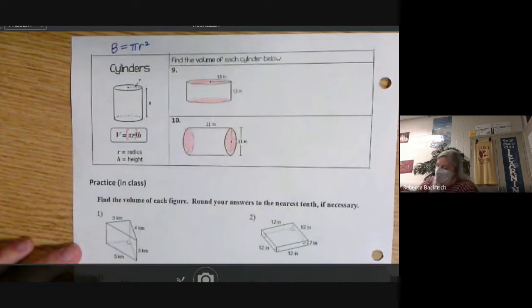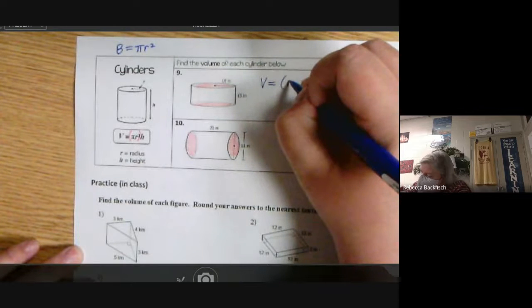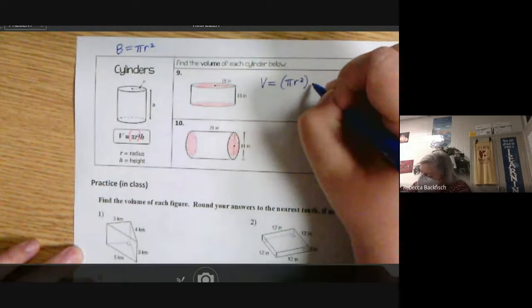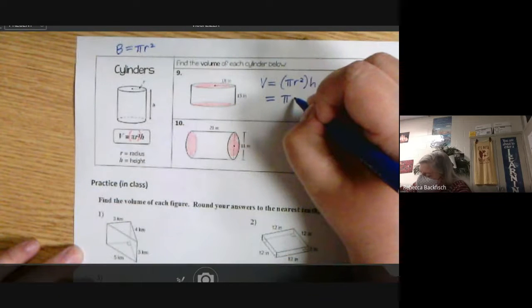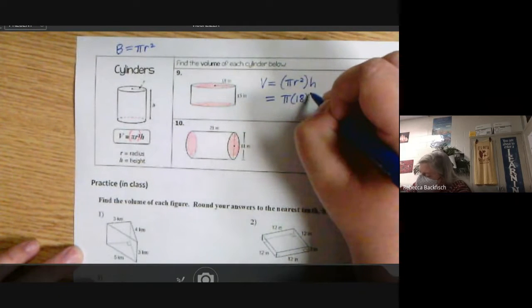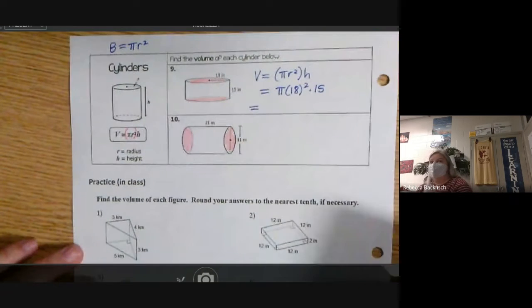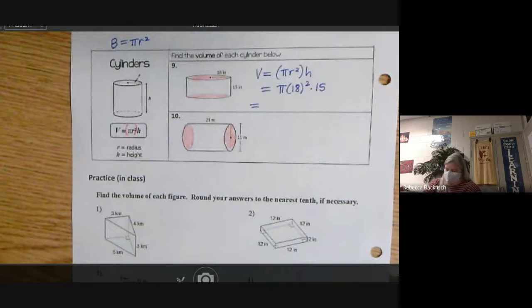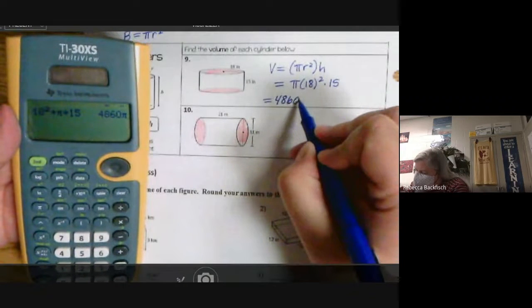On number 9, volume is area of the base times the height. So that's pi times 18 squared times 15. We could leave it in exact form, or we could do it as a decimal. Exact form would be 4860 pi.